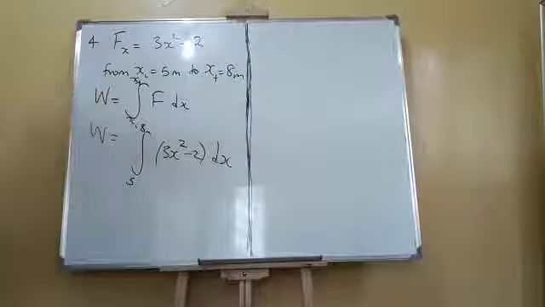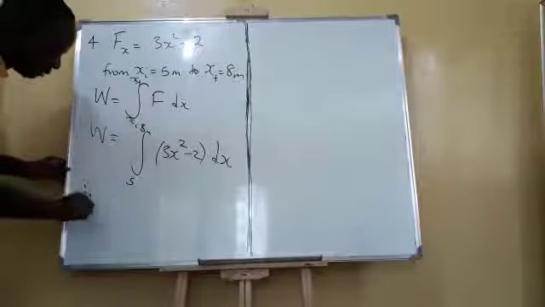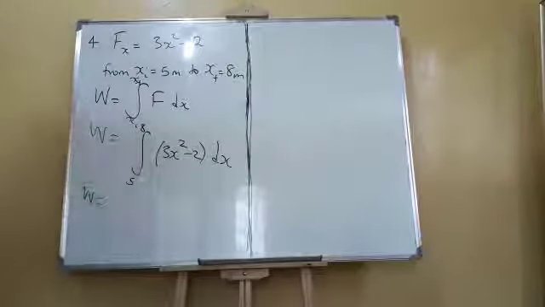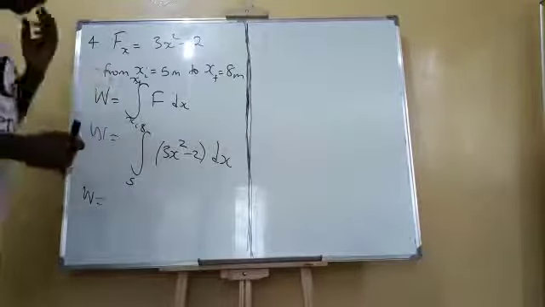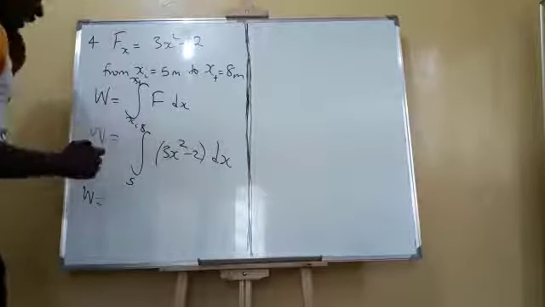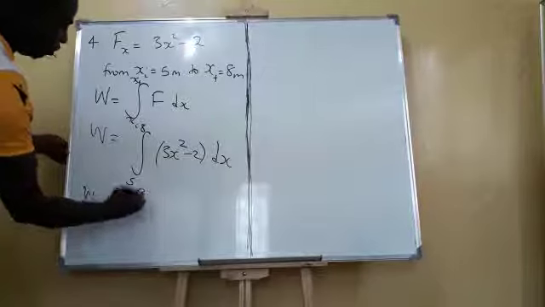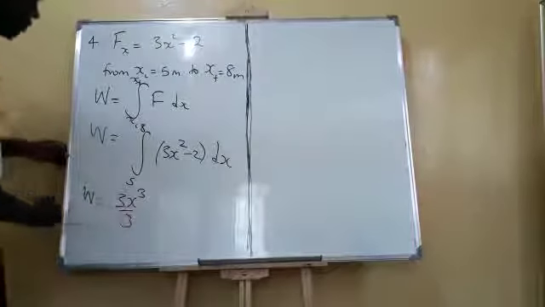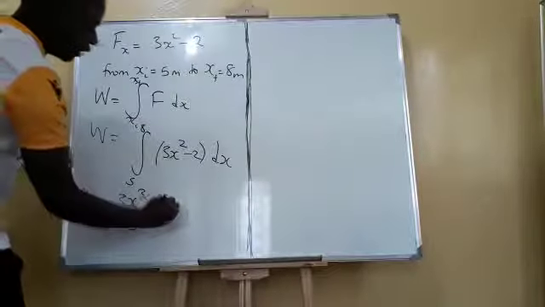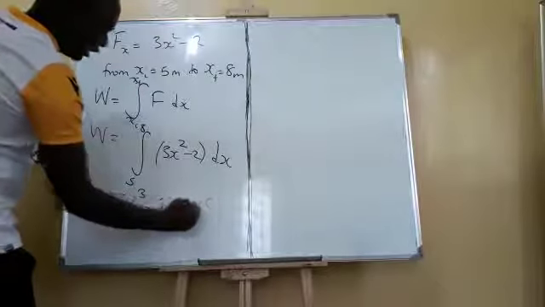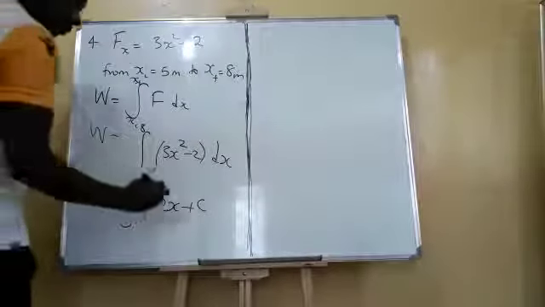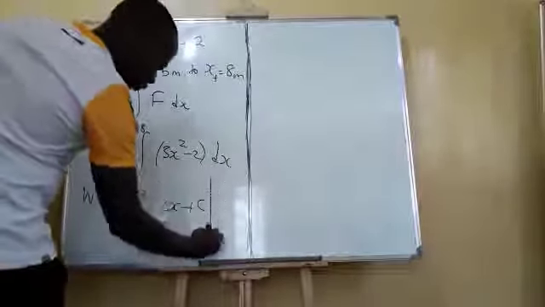So what does that mean? It means we have to integrate this expression for the force with respect to x. When we integrate, we get 3x cubed divided by 3, remember integration, minus 2x plus a constant of integration. Now, remember the limits should be there.